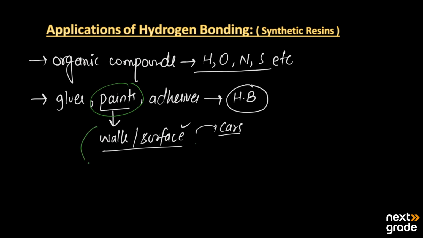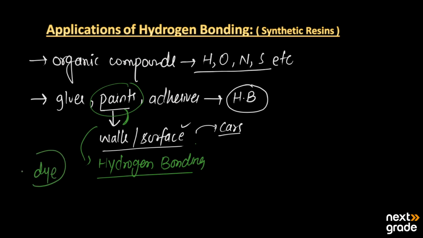There is the application of this simple force known as hydrogen bonding, as the paints make bonds with the walls and stick to each other. On the other hand, we have paints and dyes. All these form bonding like hydrogen bonding with the surfaces and join with each other. How are things joined with glues? Because they create hydrogen bonding with the different surfaces.